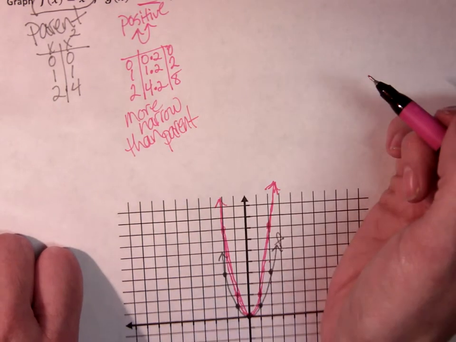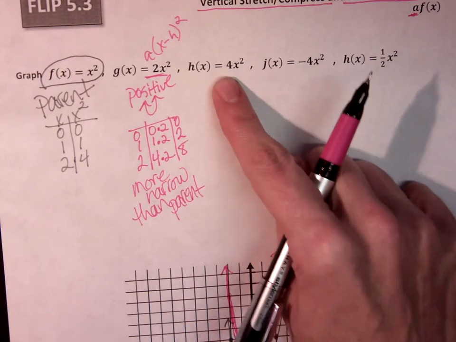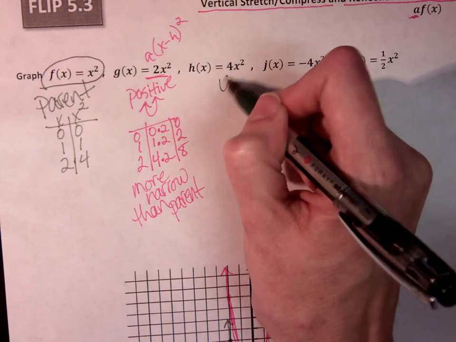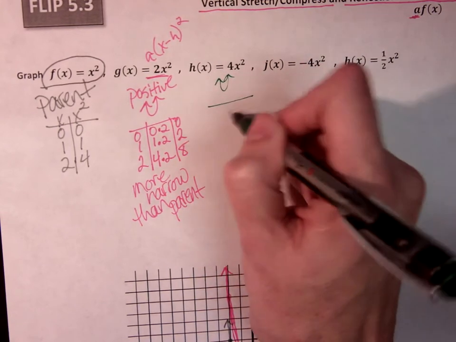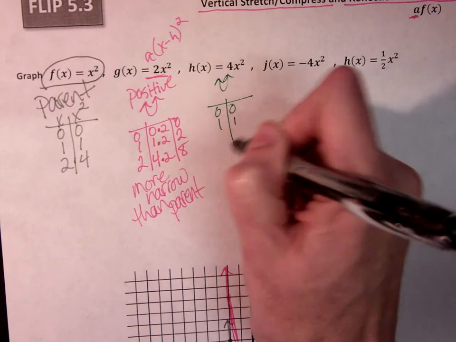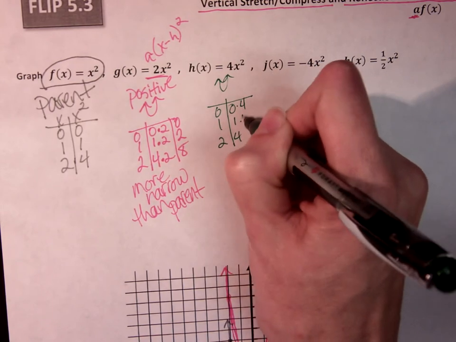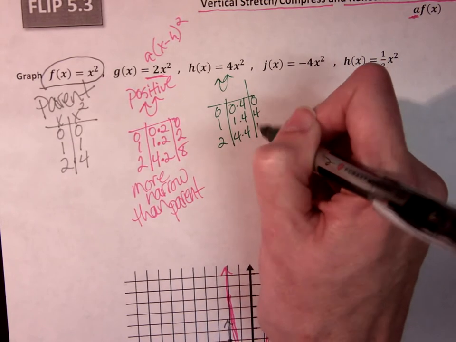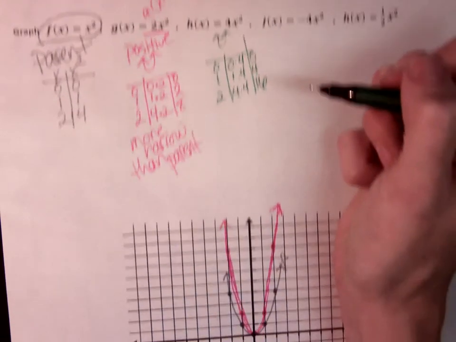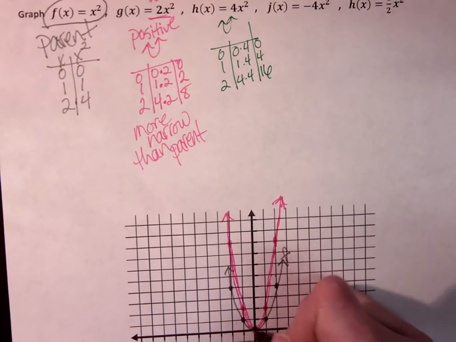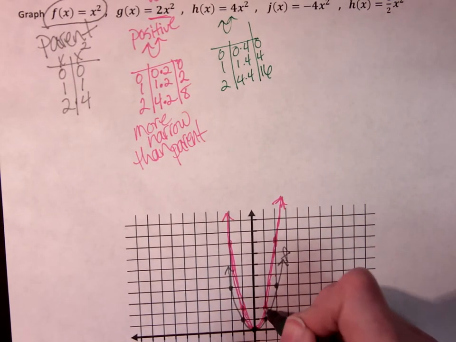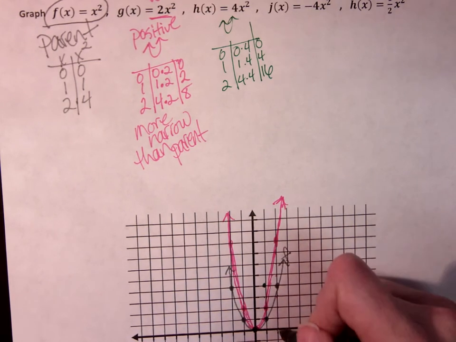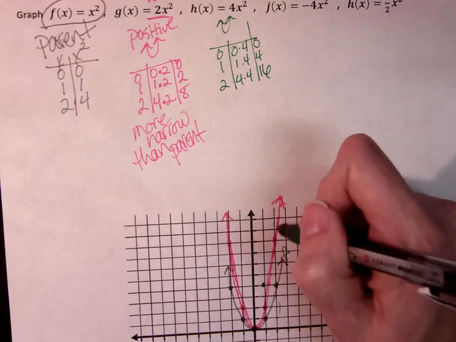Okay, so if we had to guess, if I change that to 4, what's going to happen? Well, it's still positive, so it's still opening upwards. When I make my table, if I multiply those by 4, now I'm looking at 0, 4, and 16. So when we plot our points, 0, 0, over 1, up 4, over 2, we're all the way up at 16, 8, 9, 10, 11, 12.